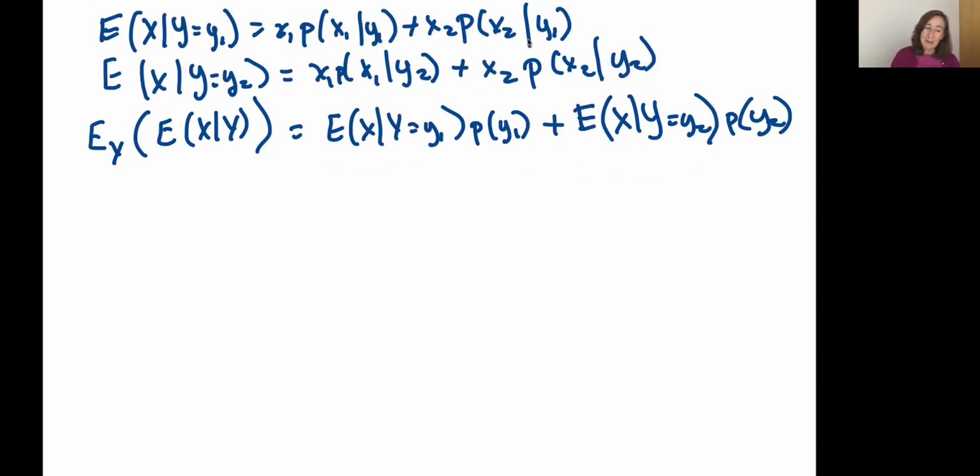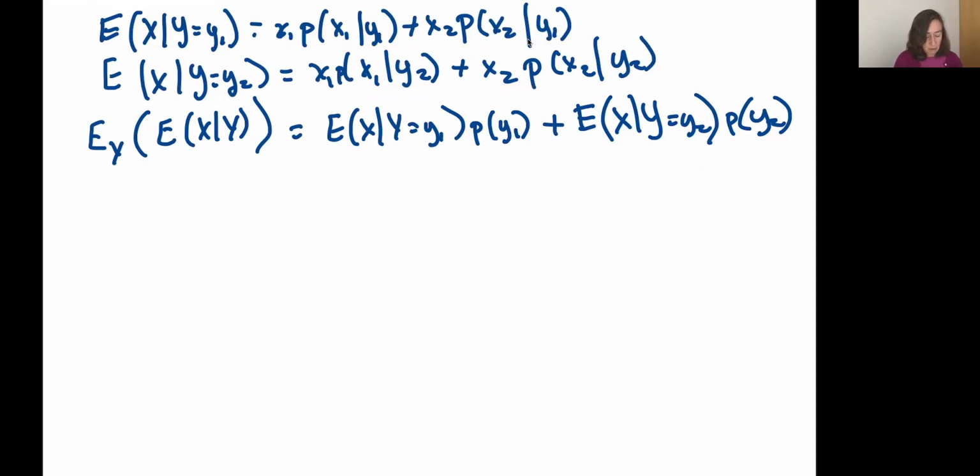You might be thinking you know how the rest of this proof is going to go, because we've been doing proofs like this since math camp, right? We're going to substitute expressions for the two conditional means in here, and rearrange and see what we find.